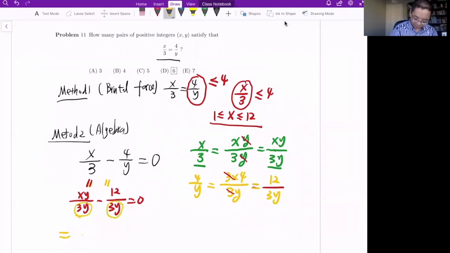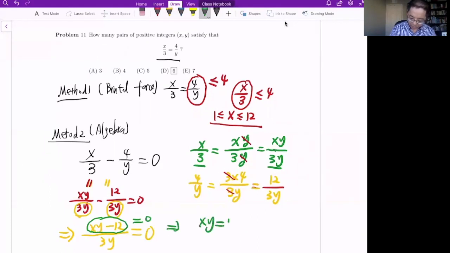So I have (xy minus 12) over 3y equals 0. After you have the same denominator, you just combine the two fractions. In order for this to be 0, I just need the numerator to be 0, so I deduce x times y equals 12.